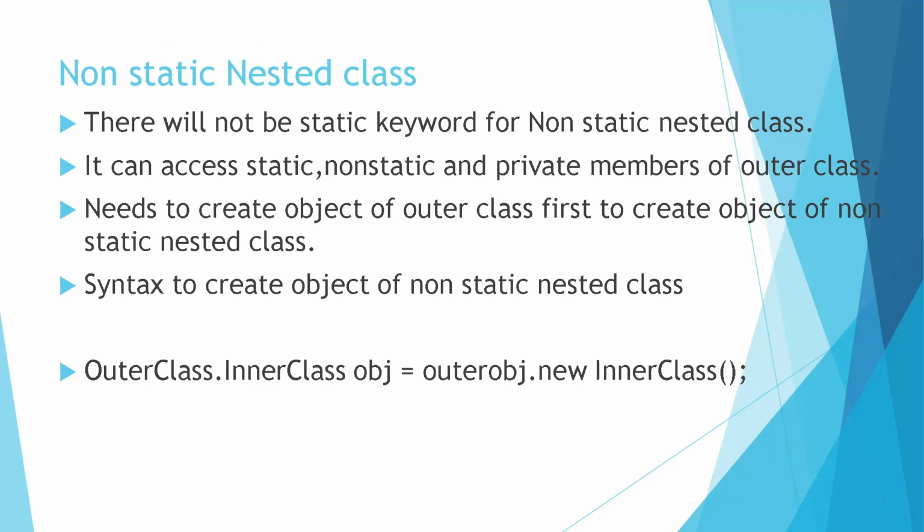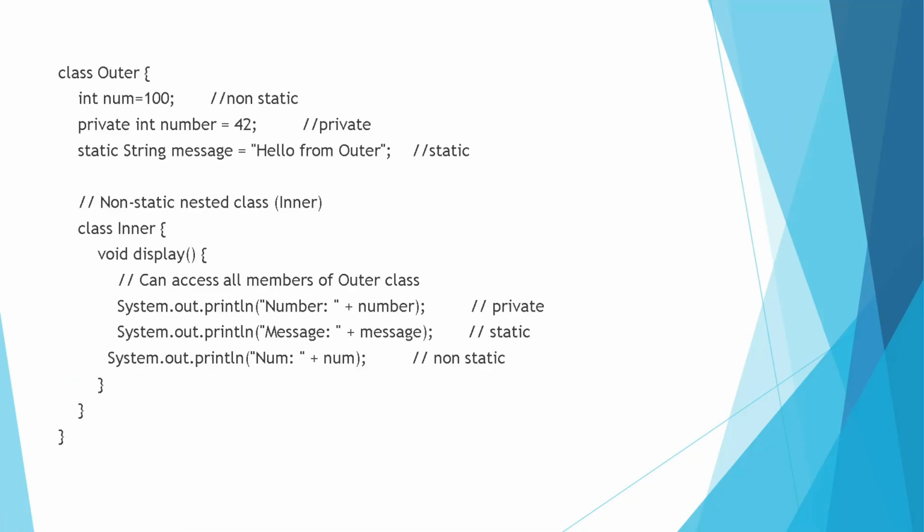Now we will see the non-static nested class. So what is the property of non-static nested class? First property is there will not be a static keyword for a non-static nested class. Here is an example of a non-static nested class.